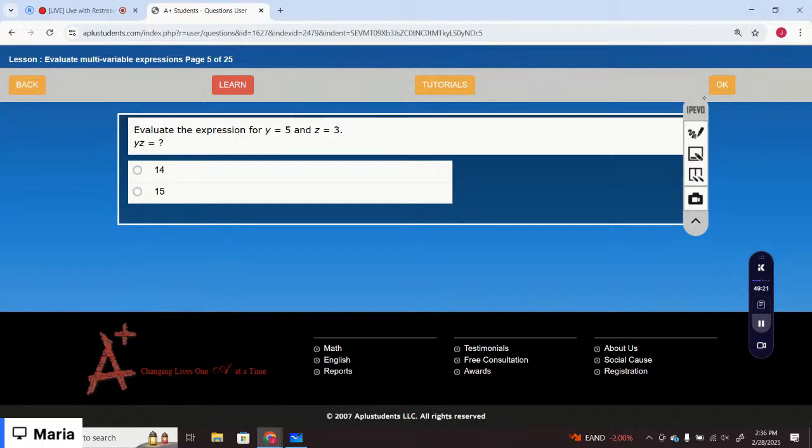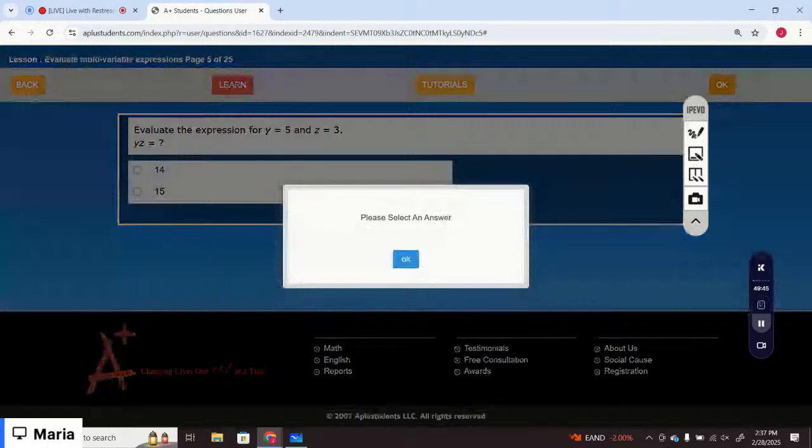Evaluate the expression for y equals 5 and z equals 3. That is 3 times 5 is 15. Option number 2 is the correct option.